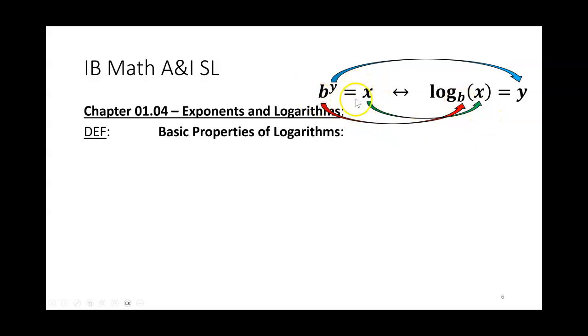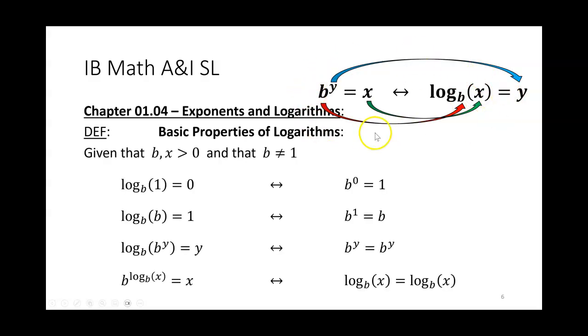The output of the exponential becomes the input for the logarithm, and the exponent of the exponential is the output for the logarithm. If I take the log of something, what I'm doing is finding what exponent of some base b gives me this answer, right? So that's our definition for a logarithm.